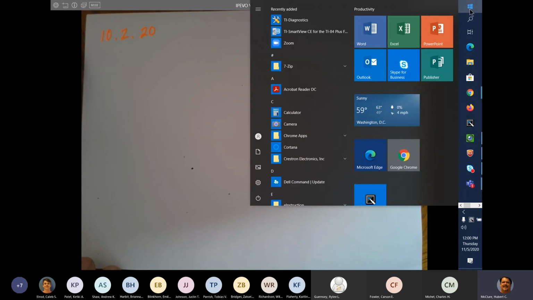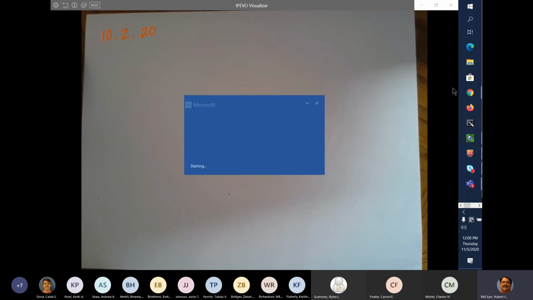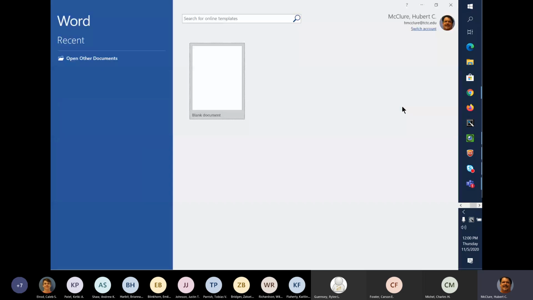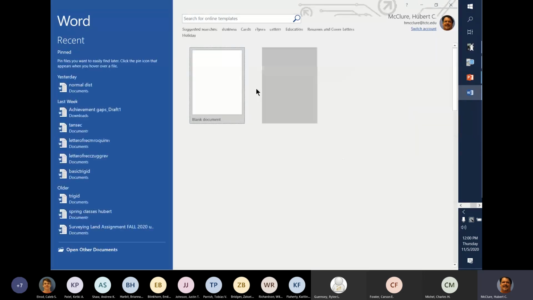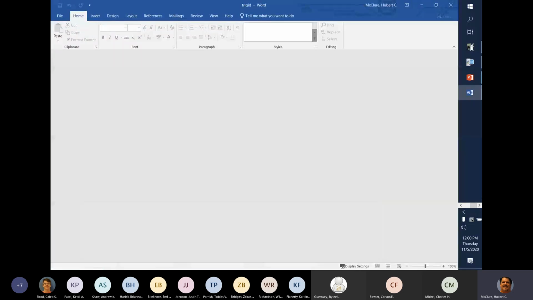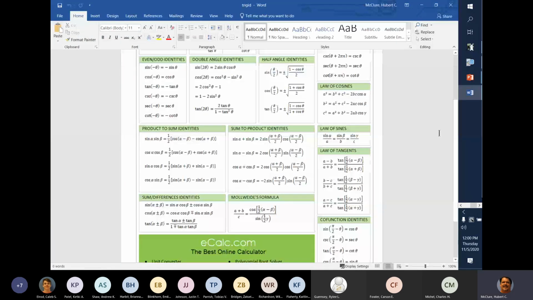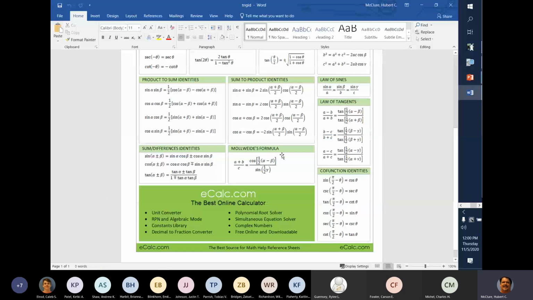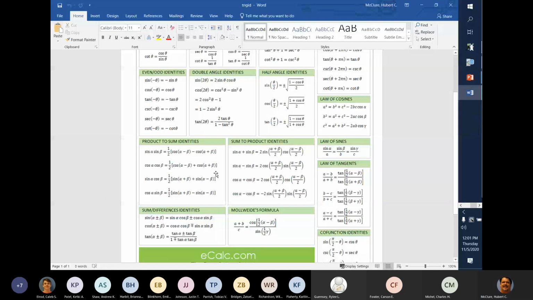Okay, so you go to your handy dandy identity sheet or whatever that I'm trying to find right now. And of course, it's not going to pull it up. Let me just pull up Trig Identities. There it is. So you go to your cosine of A minus B. Where's the cosine of A minus B? Here it is.